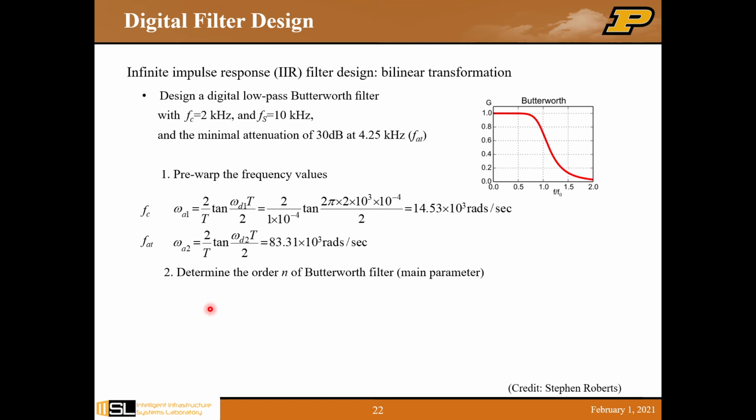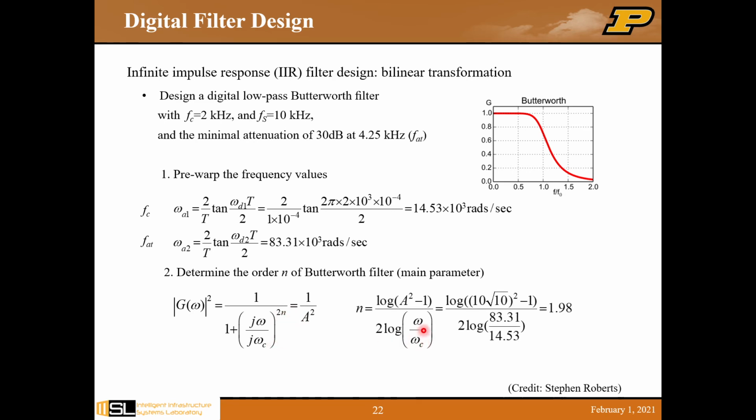And then the next step is to determine the order of the filter. So the Butterworth filter is easier to design because the main parameter to determine the filter is the order n here. It actually has a well-established formula for the transfer function and also the attenuation formula here. So A here is the magnitude attenuation, which is a function of the order n here.